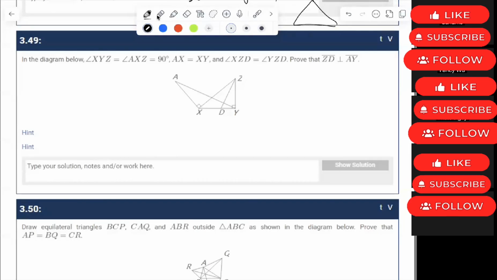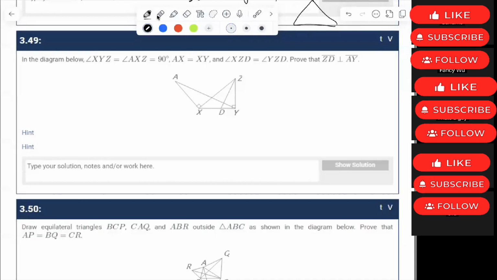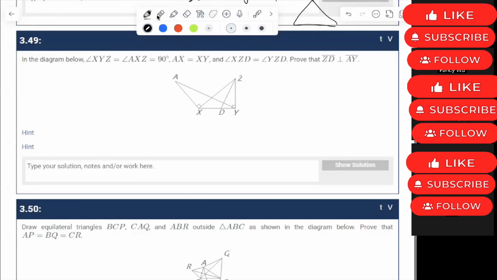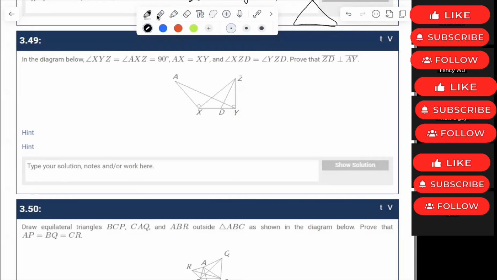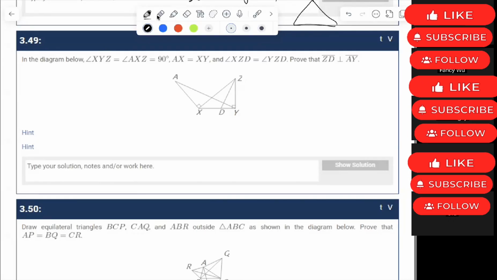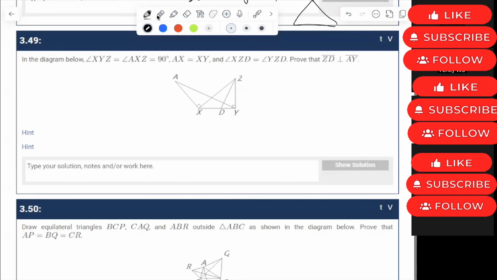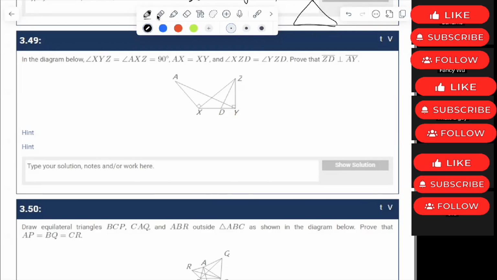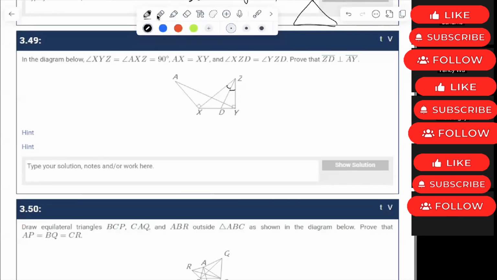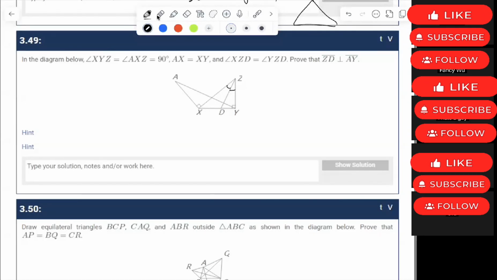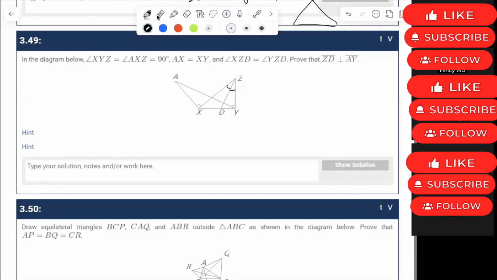All right, let's see. Hmm. Let's maybe try angle chasing. That's the first thing that comes to mind. And we also know that these angles are the same. Well, if these angles are the same, and we don't even know that it's perpendicular, what can we get from this?